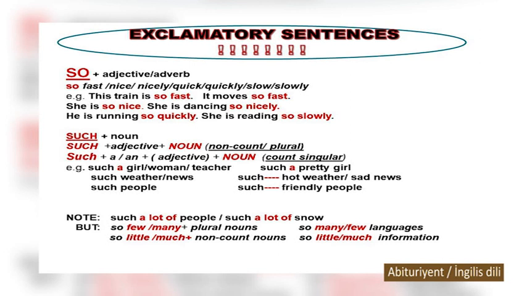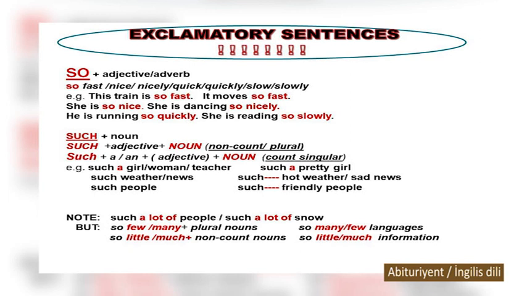And with an adjective? Such a pretty girl, such hot weather. You see the gap here, it means that no article is used because weather is an uncountable noun, and such sad news, news is also an uncountable noun, so no indefinite article is used here.